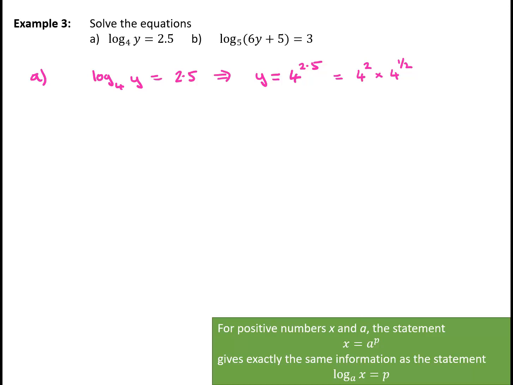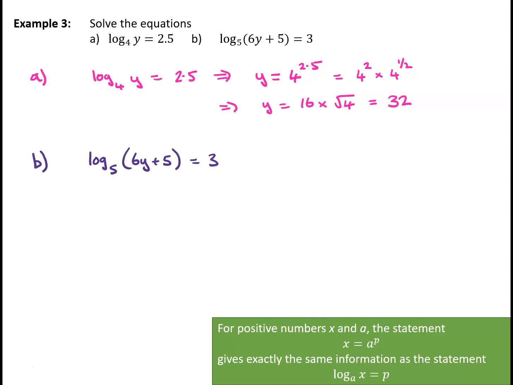Of course, 2 and a half is the same thing as 2 plus a half, so I'm just using the rules of indices there again. 4 squared is 16. 4 to the half is the square root of 4, which is 2. So I've got y is 16 times by the square root of 4, or 2, which gives me 32. So y must be 32.